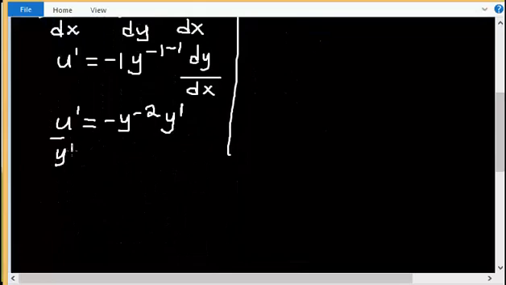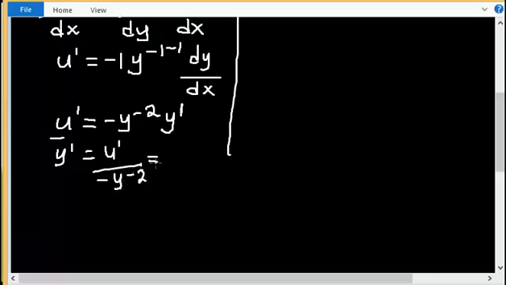So y prime is going to be equal to u prime all divided by minus y raised to the power minus 2. And of course, if you simplify this, it is something like minus u. Remember, y raised to the power minus 2 is a reciprocal; if I invert it, it will be y square. I believe that you know indices.